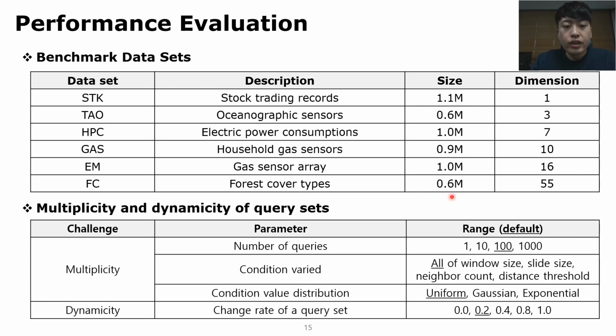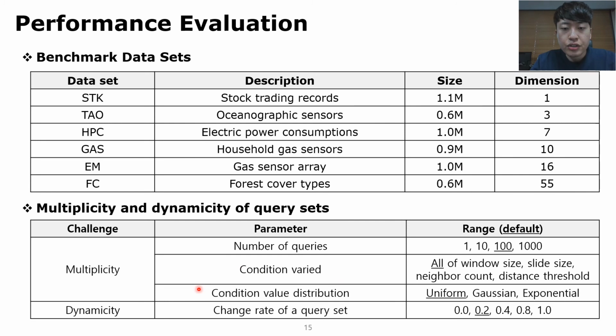So we evaluated our algorithm on different real-world data sets, whose dimensionality varies from 1 to 55, and whose size is around 1 million or less. And most importantly, to simulate the multiplicity and dynamicity challenge, we used different types of parameters to generate query sets. The number of queries can vary from 1 to 1000, and the conditions, which are the query parameters, can change.